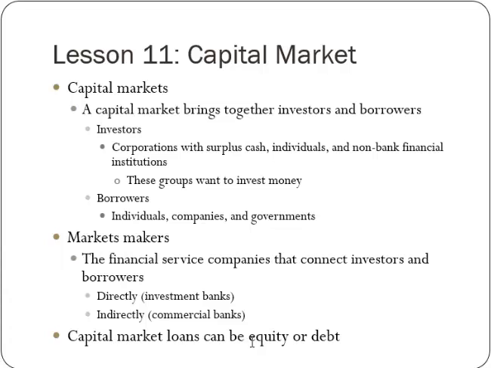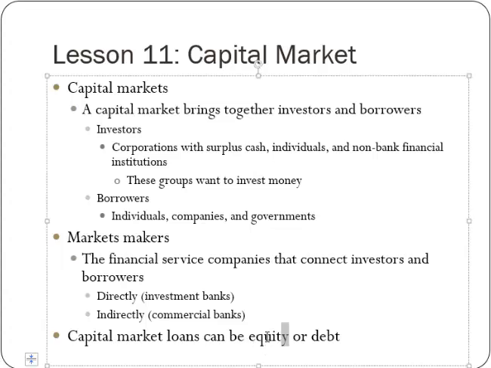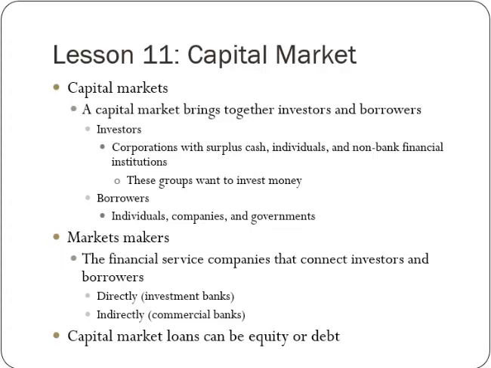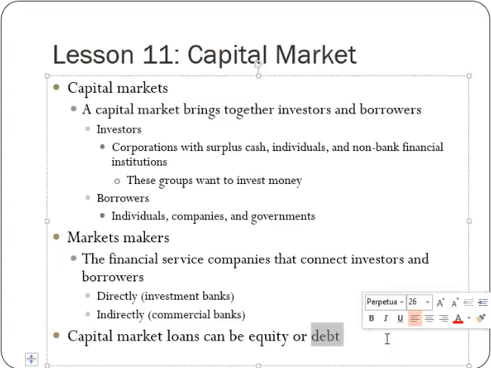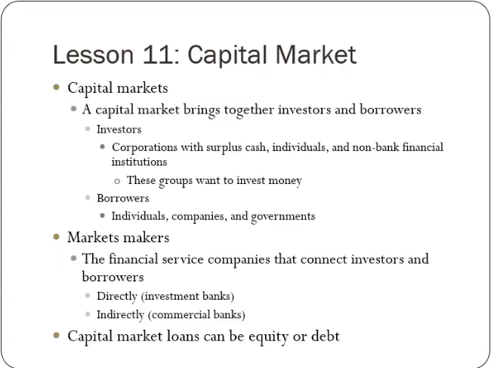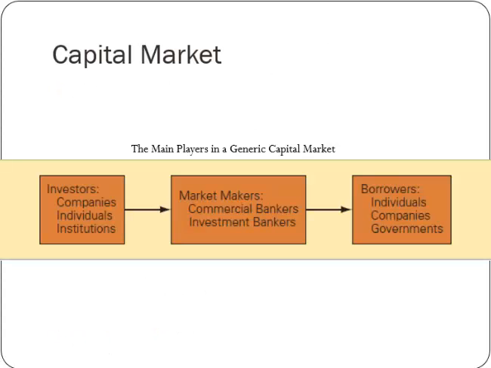Capital markets, of course, can be equity, which is selling a percentage of a company, or debt, when you're just lending money, or selling the ability to borrow money, which is essentially the same thing. All these things are, of course, relevant and part of the capital market structure.